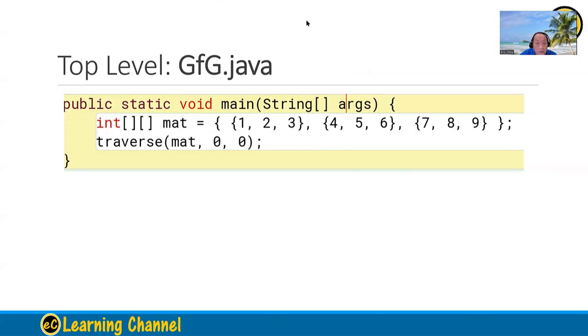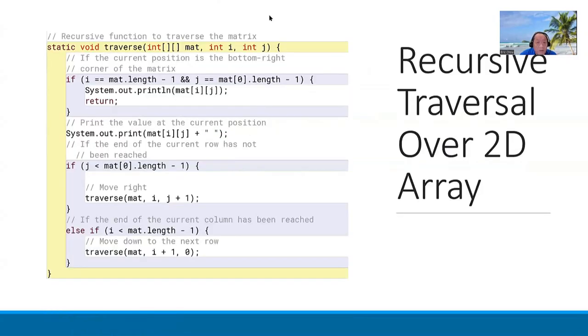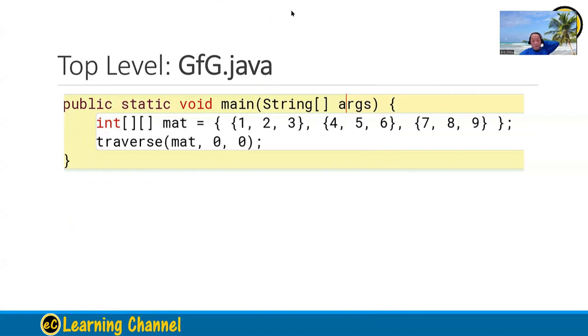And then your top level is starting from 0, 0. So as you can see, with recursion, if you have the index, usually it's a helper function. The main function, the regular function, you just call it, and the two numbers keep changing.